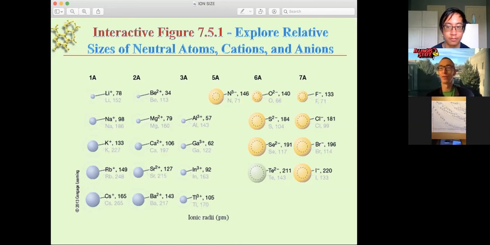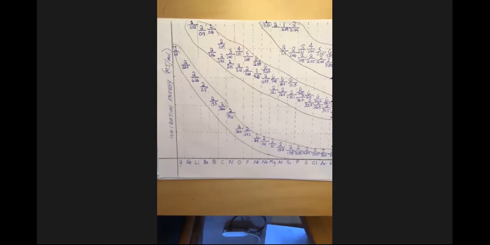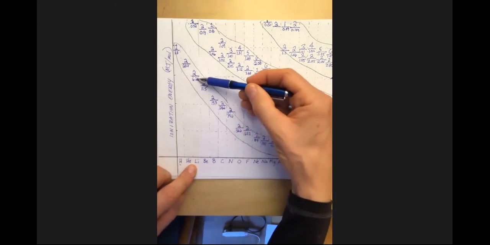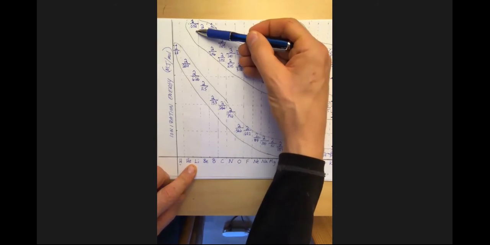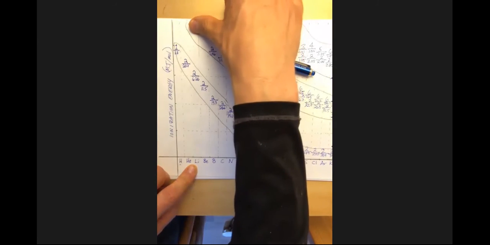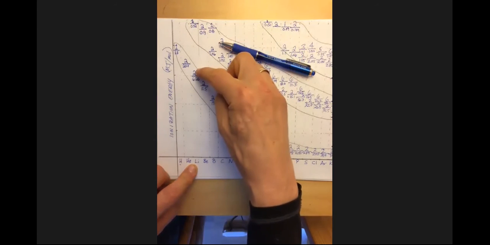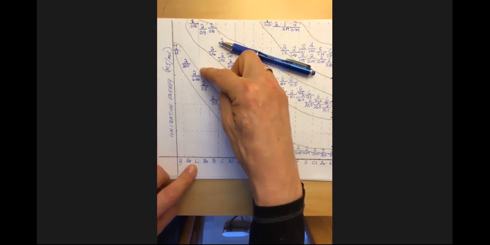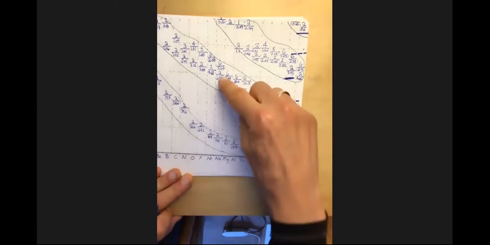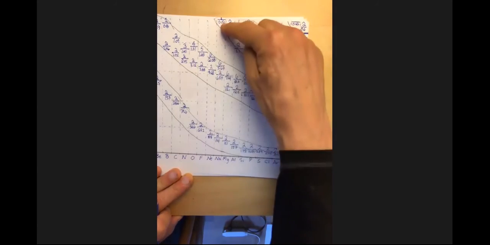if we go to the photoelectron spectroscopy graph, lithium has electrons in the 1s and the 2s. When it forms a lithium ion, the 2s is gone, and so the resulting ion is smaller. Sodium has 1s, 2s, 2p, 3s.